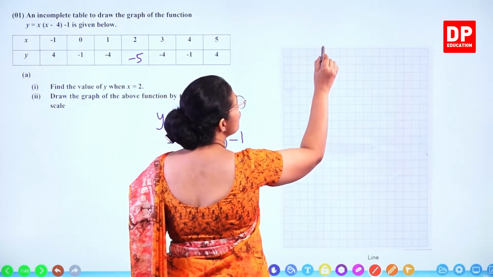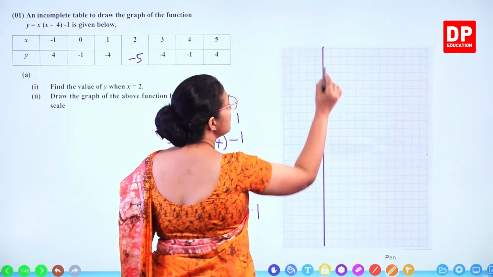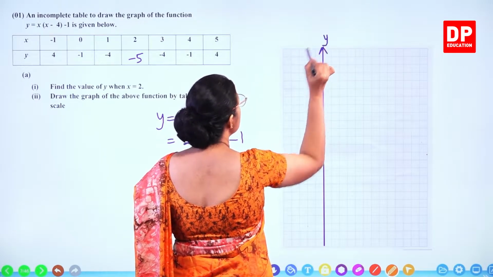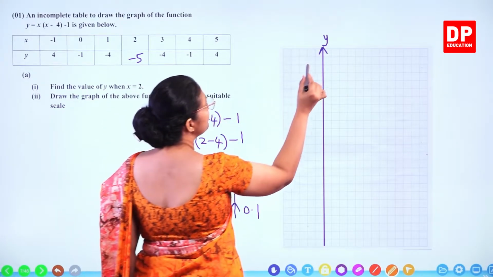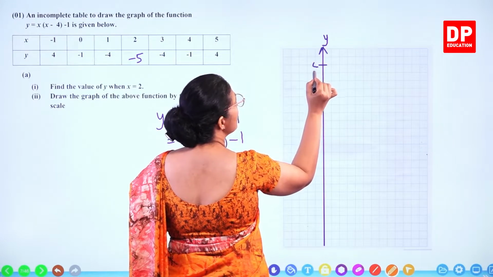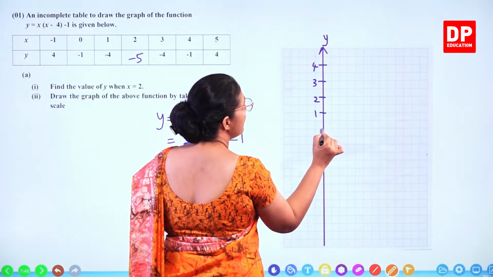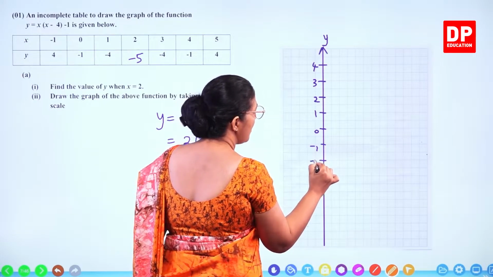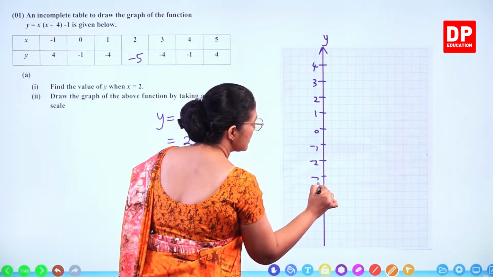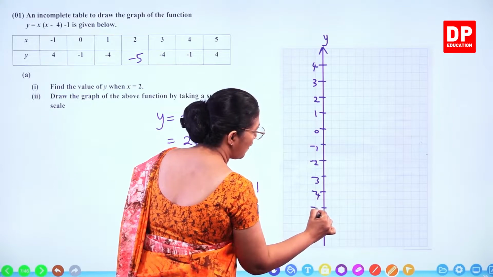So we'll first draw the y-axis and then label it. What's the positive value? 4. So we'll start from 4 here: 4, 3, 2, 1. And this is the x-axis. Minus 1, minus 2, minus 3, minus 4, and then minus 5.